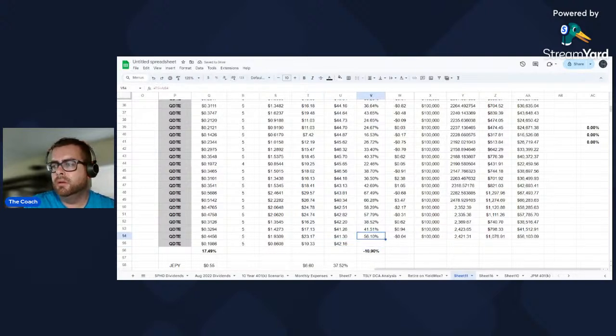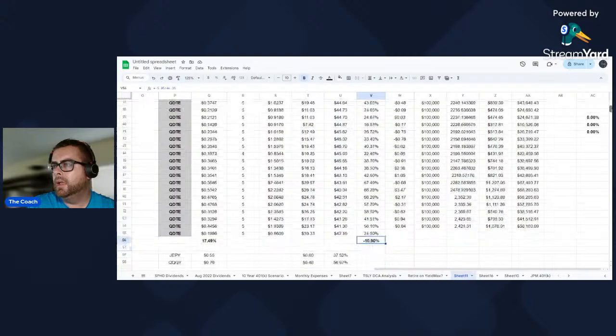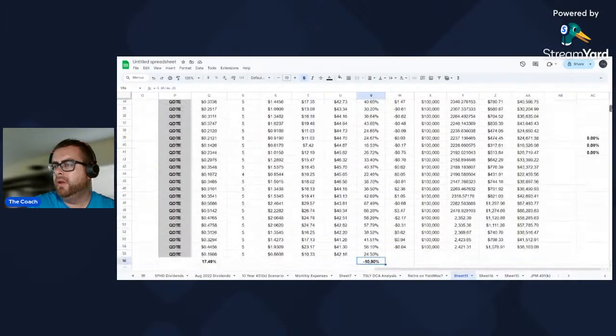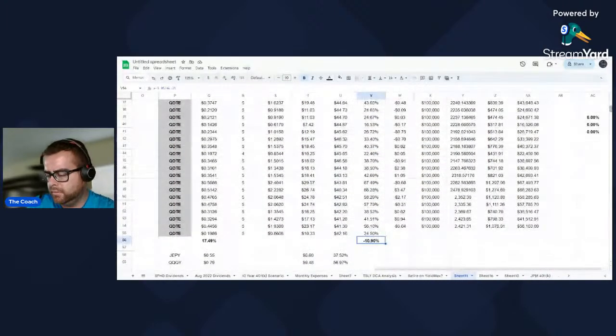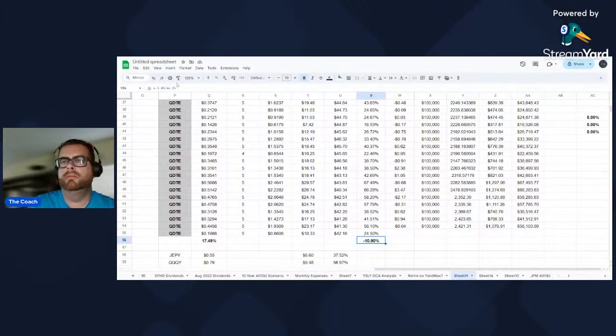Okay, so here we've got, let's see, 46.35 minus 42.16, 4.19. Okay, so that's what we've got here. The difference here, we've come up 86 cents. We had a comeuppance of 86 cents.